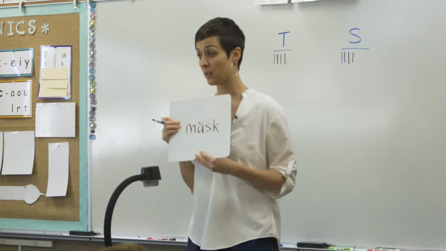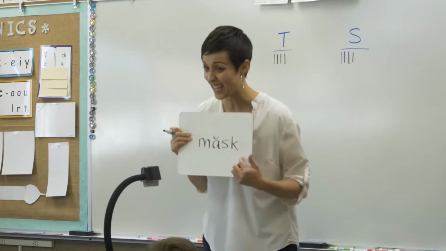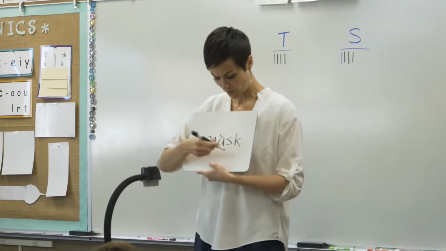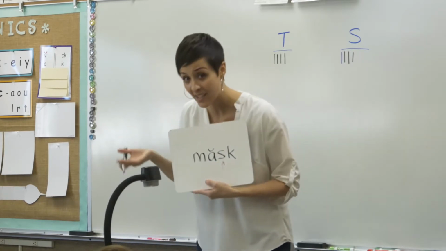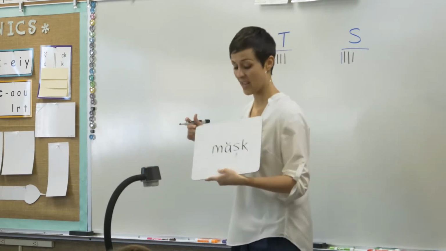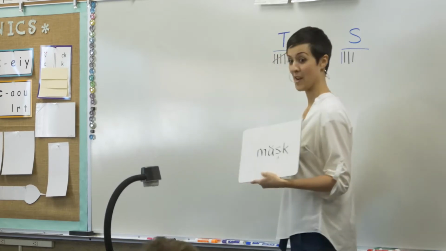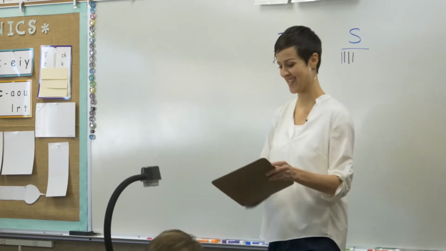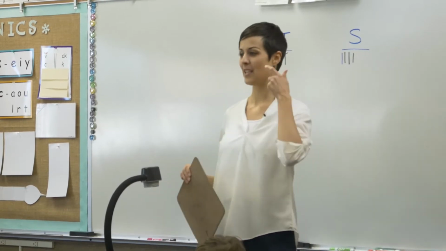Mask should be spelled M-A-S-K. Some kids say, wait, why would you put a K? Remember the rule? After a consonant, use plain old K. Do you know what? I had a couple kids that put CK, so that time teacher gets the point. Erase, erase. Yes.